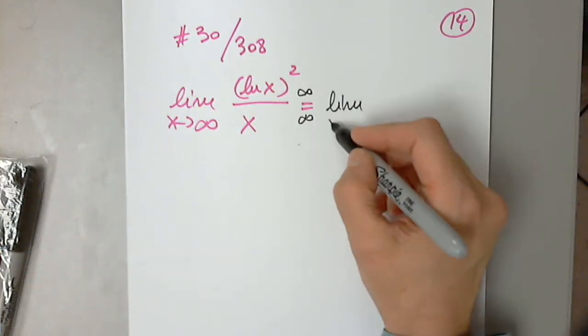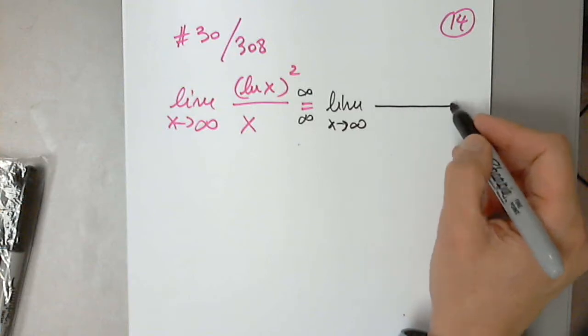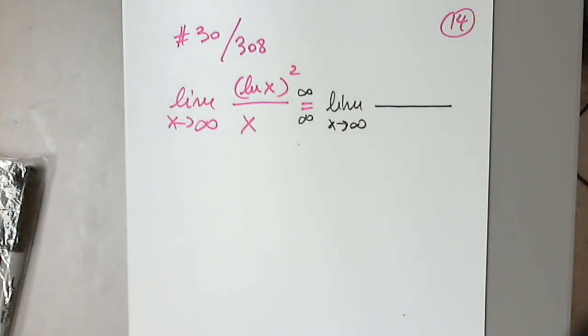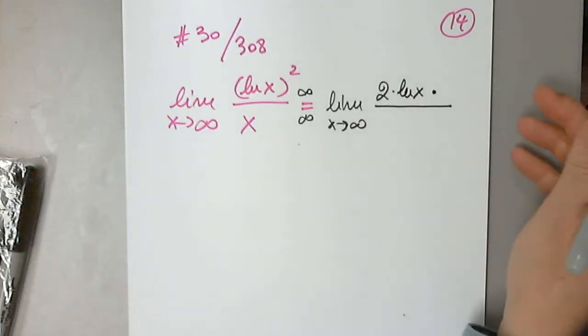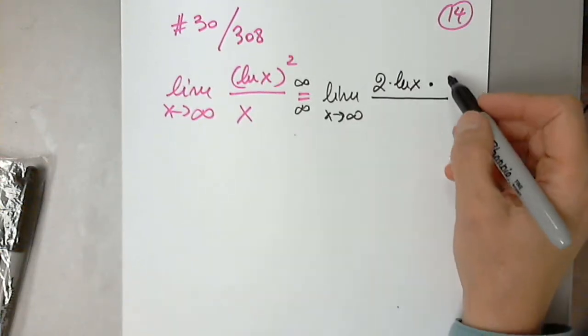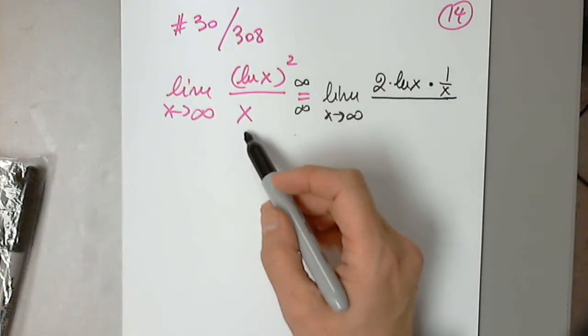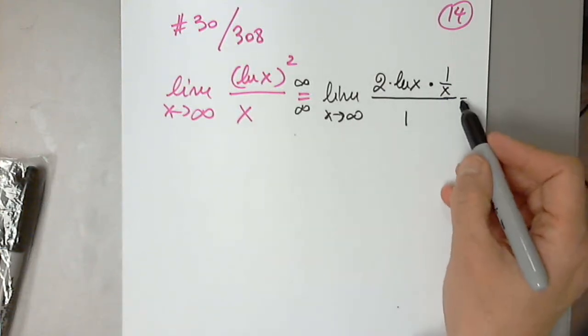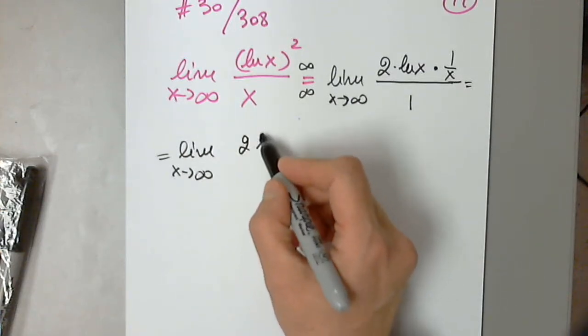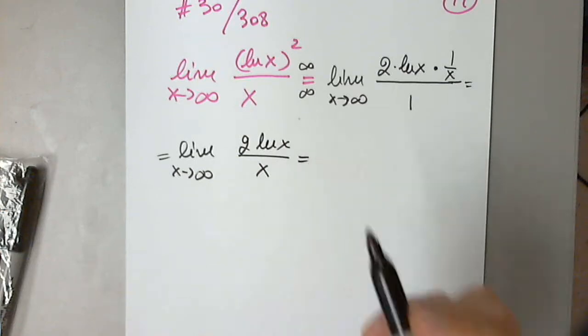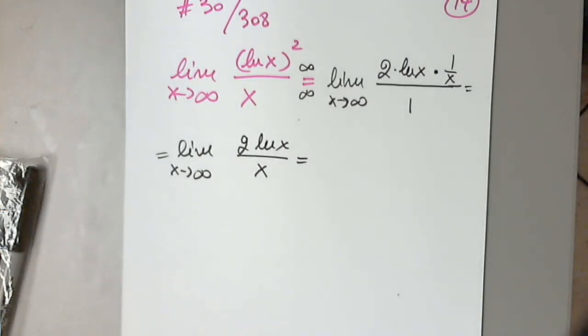So then I have limit as x approaches infinity. What do I get at the top? Remember, we have to use the chain rule because we have a function that is squared. So we get 2 times natural log x times, yes, very good, Andre, thank you, 1 over x, over 1. Perfect. So this is limit as x approaches infinity from 2 natural log x divided by x. If this happens to be infinity over infinity or 0 over 0, I can continue.